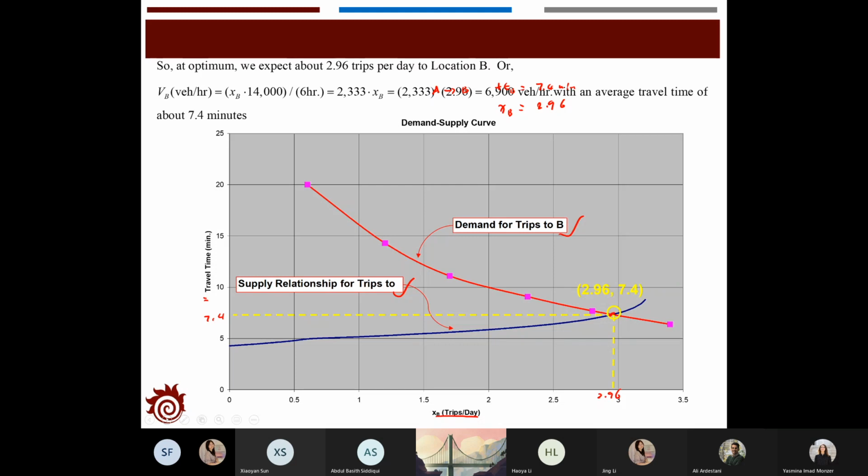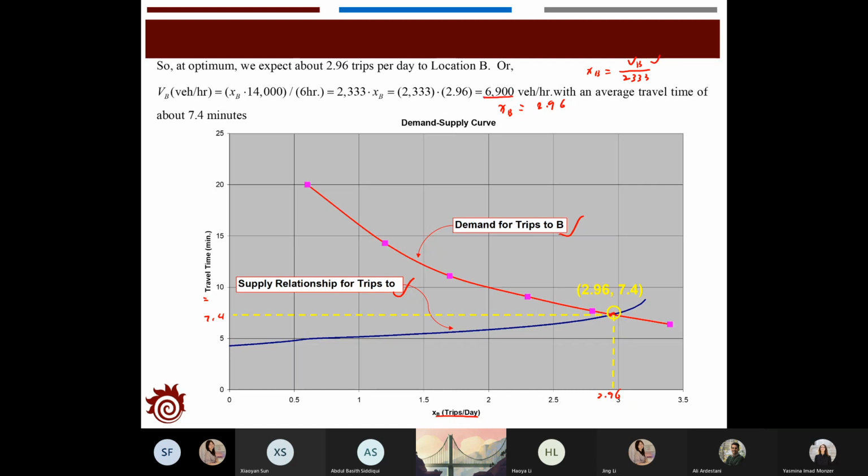The analysis is pretty simple and straightforward. So first of all, we can determine what's the total volume from A to B, and then we're going to convert them to the hourly volume. We have already determined that XB equal to VB divided by 2,333. So it's relatively easy for you to find out what the value of VB.